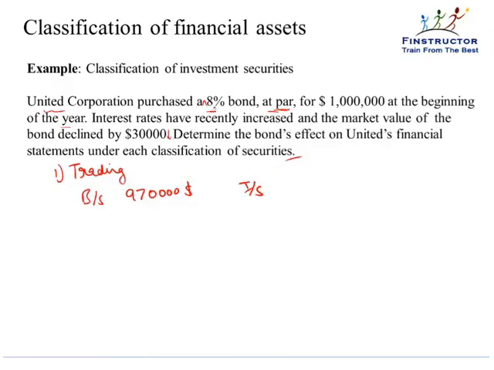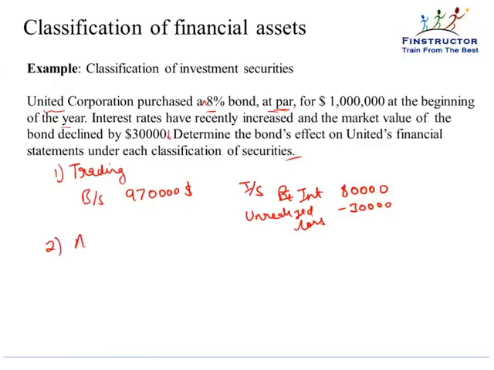It will be the 8% coupon, that is 8% into 1 million, or realized interest of $80,000, and an unrealized loss. So the value has declined, but I haven't yet sold the bond. So it's still unrealized, of $30,000, or total income statement impact of $50,000 on account of the bond.